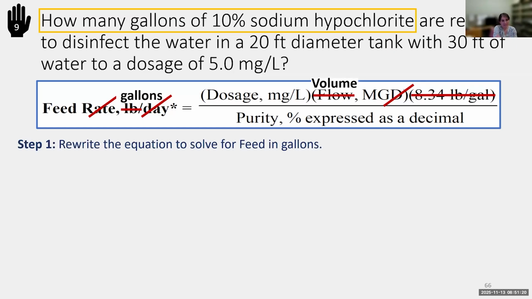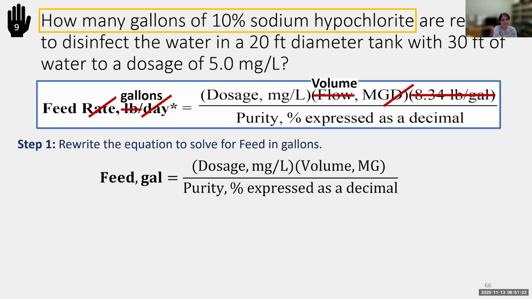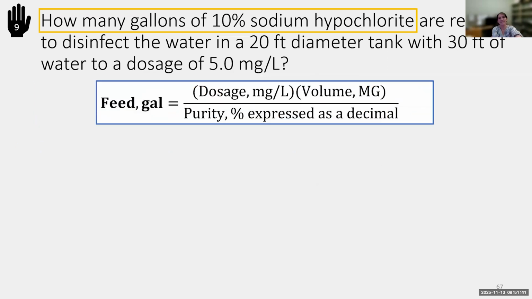So I'm going to rewrite the equation to solve for feed in gallons. After all of that manipulation, we get feed in gallons is equal to dosage in milligrams per liter times volume in millions of gallons divided by purity expressed as a decimal. Okay, so that is the equation that we're now going to work with.